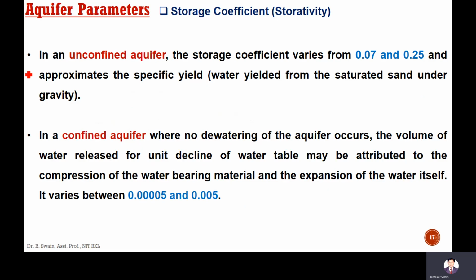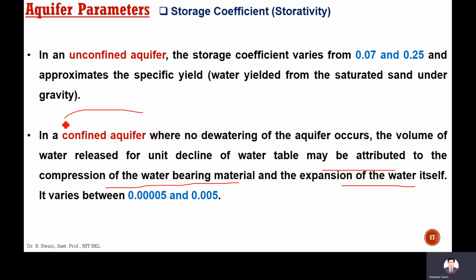So in an unconfined aquifer, the storage coefficient varies from 0.07 to 0.25 and approximates the specific yield, the water yielded from saturated sand under gravity. In a confined aquifer, where no dewatering of the aquifer occurs, the volume of water released per unit decline of head may be attributed to the compression of the water-bearing material and the expansion of the water itself.